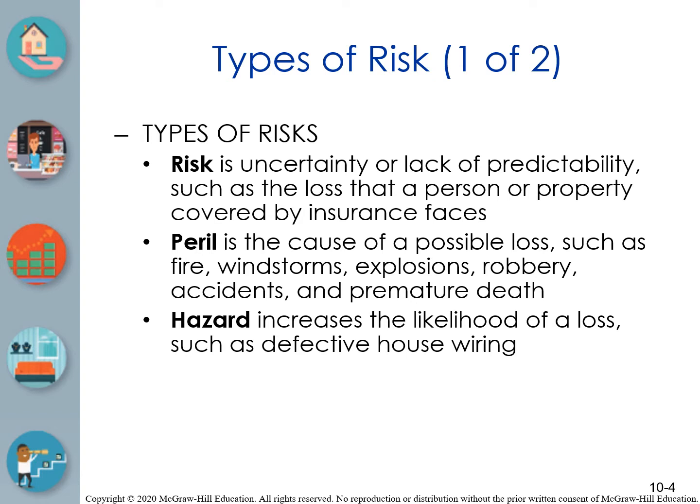A hazard increases the likelihood of a loss, such as defective house wiring. And hazard is contrary, if you will, to the insurance principle, because that would include such things as, for example, you have health care insurance to cover you, but if you're going to go skydiving, for example, that would be hazardous.